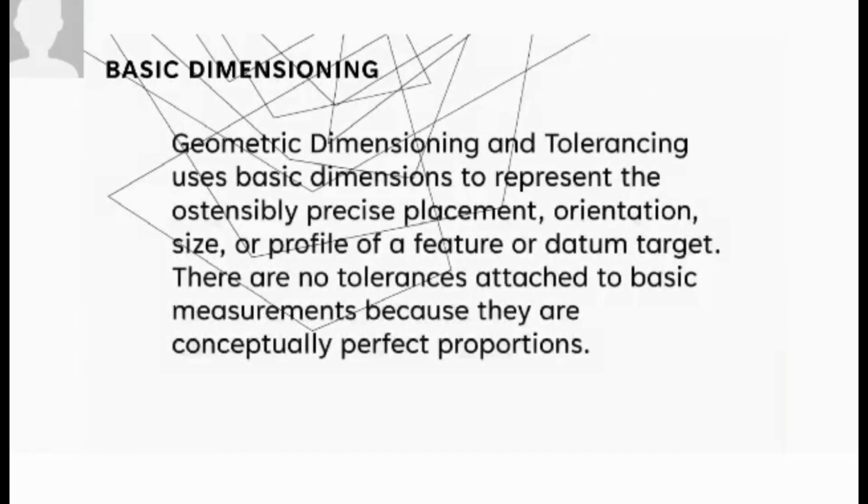Geometric dimensioning and tolerancing uses the basic dimensions to represent the ostensibly precise placement, orientation, size, or profile of the feature. There are no tolerances attached to the basic measurements because they are conceptually perfect proportions.